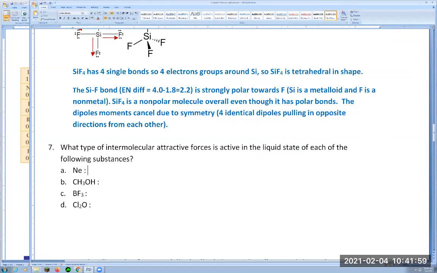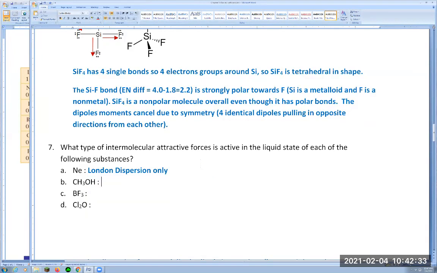So the only force that can act on neon is the London dispersion forces. Remember that London dispersion forces are the force that is due to instantaneous dipoles, which happens because all atoms have an electron cloud. From one moment to another, the electron cloud can be distorted, and you can have momentary positive charges on one side and negative charges on the other side of the electron cloud.